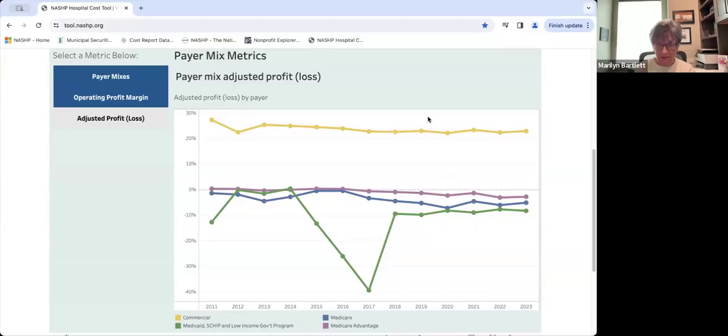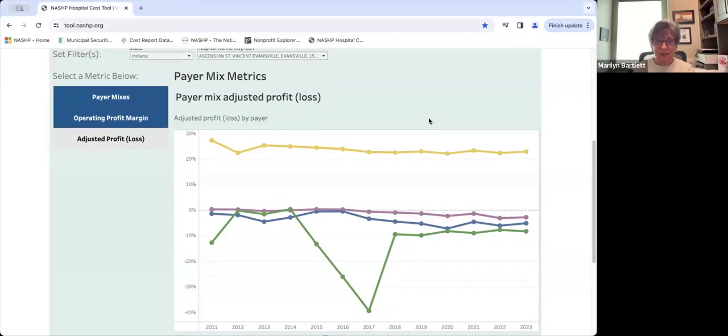I know you just shared the update that we used from MedPAC to better differentiate between Medicare and Medicare Advantage, but would you mind just stating that again? I think there's some questions about how RAND treats the information, and I just want to reiterate how NASHP treats that information and the changes that we just made.